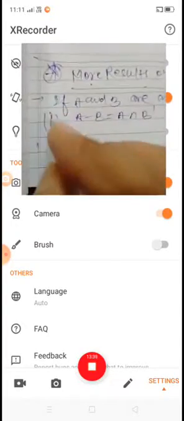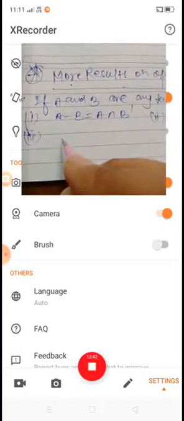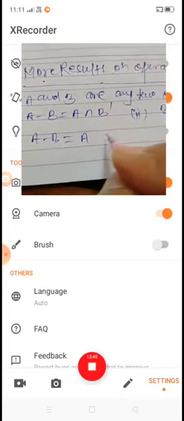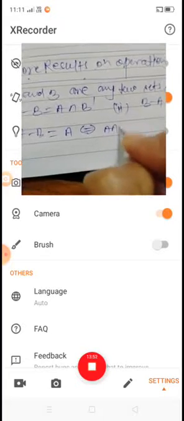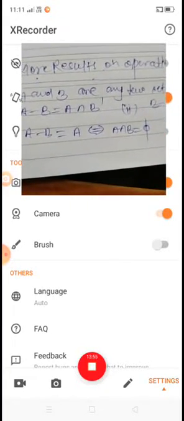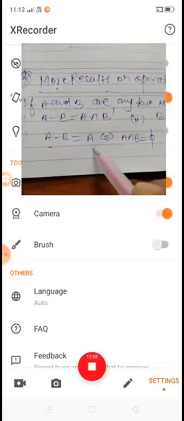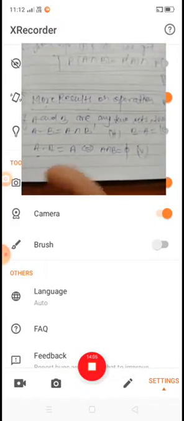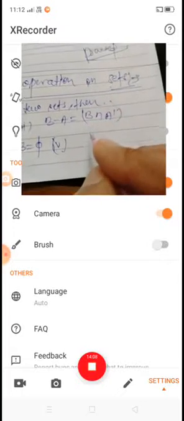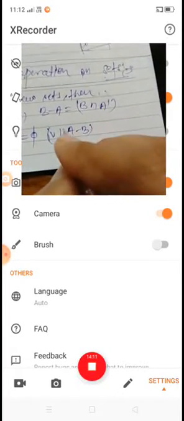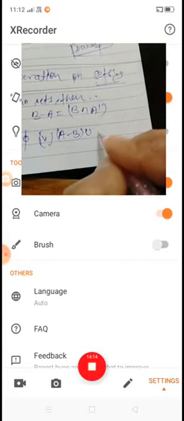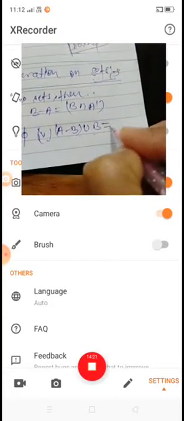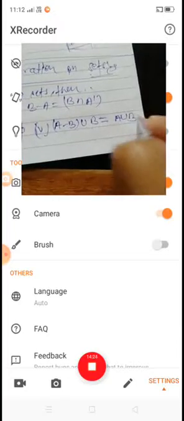Third, A minus B is equal to A, and this implies that if A intersection B is equal to empty set, then we can write A minus B is equal to A. Fourth one, this is a very important result and it is used in questions: A minus B union B is equal to A union B.